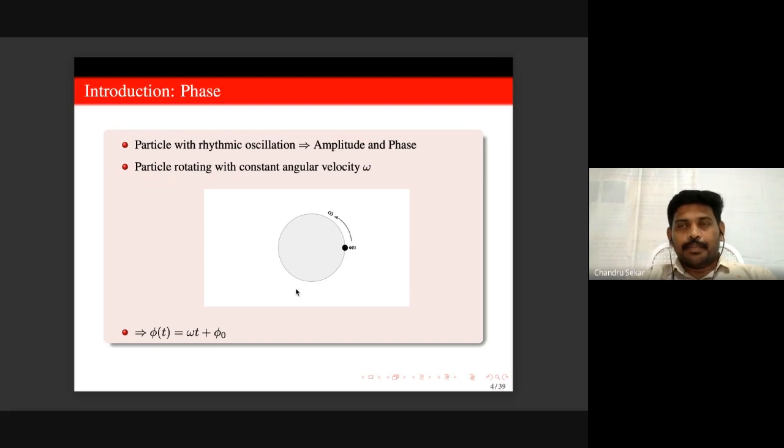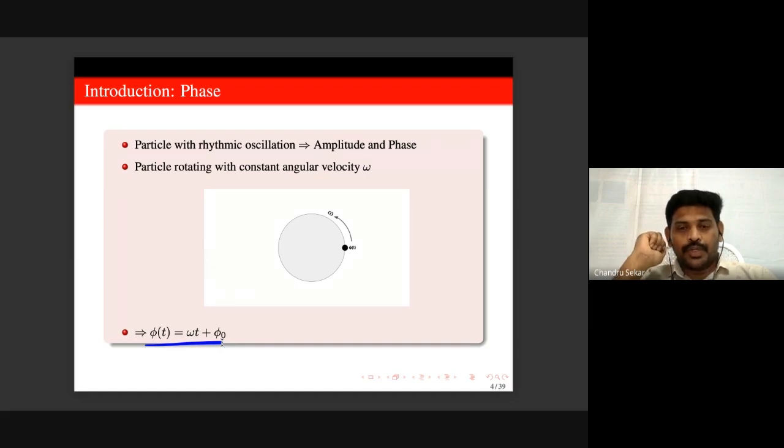Let us consider a particle moving or rotating in a circle with a constant angular velocity omega. Then the position of the particle is defined with this expression, phi of t equal to omega t plus phi of 0. Here phi of t gives the position of the particle on the circle. We call that the phase.